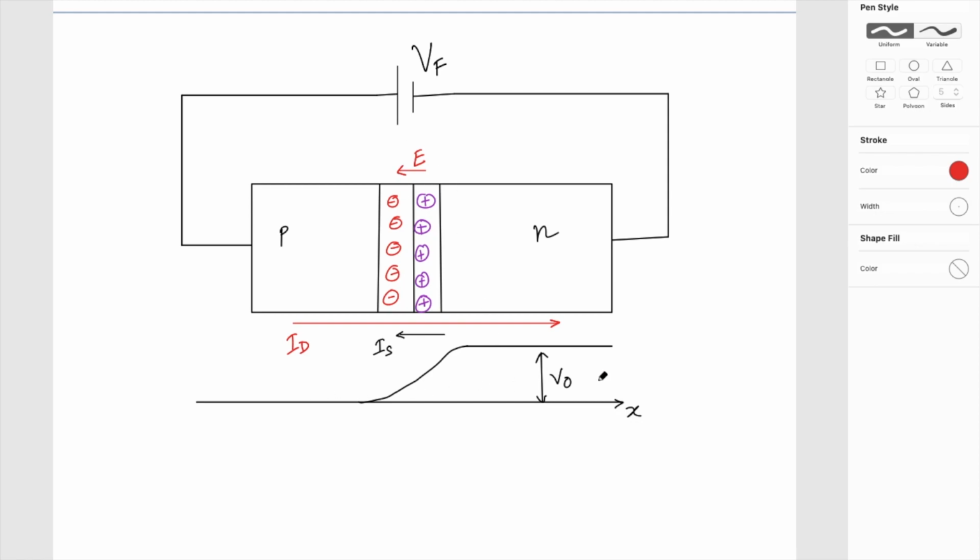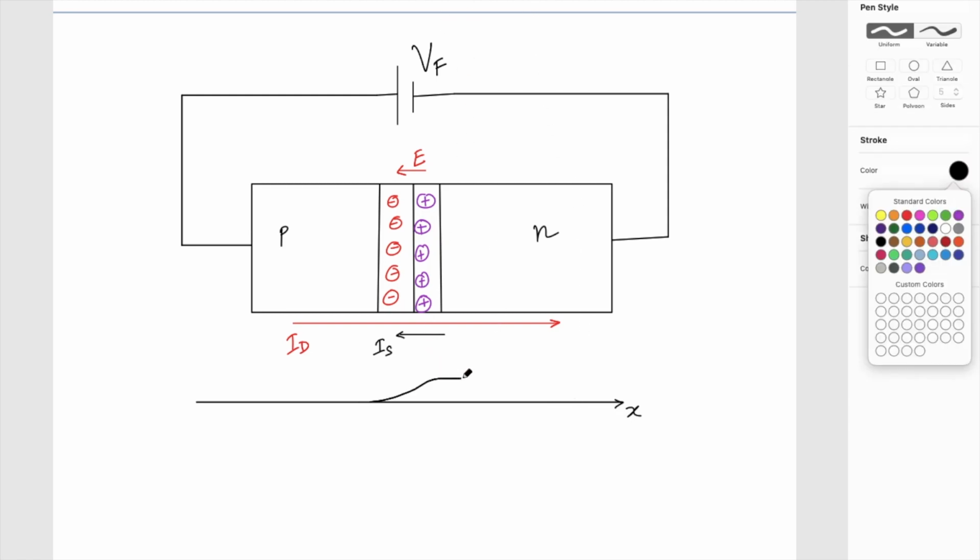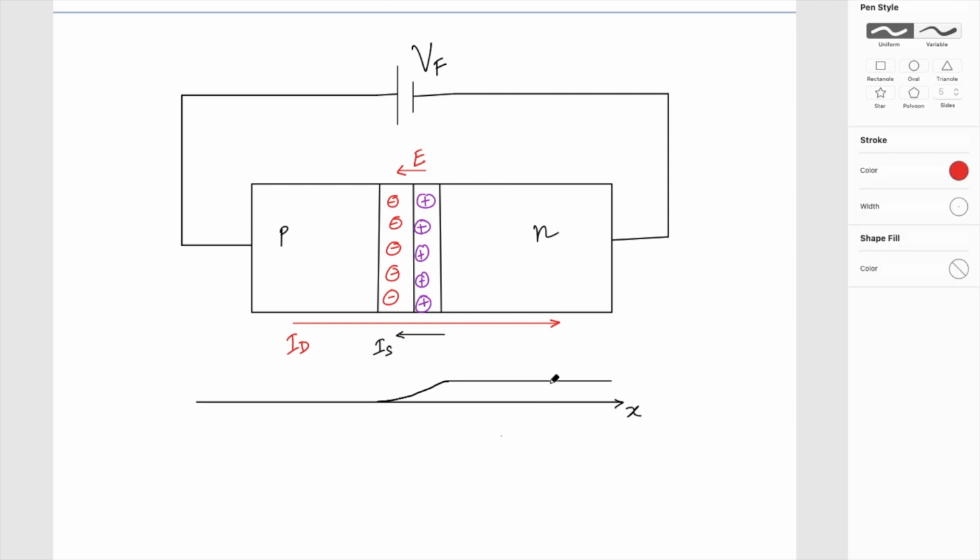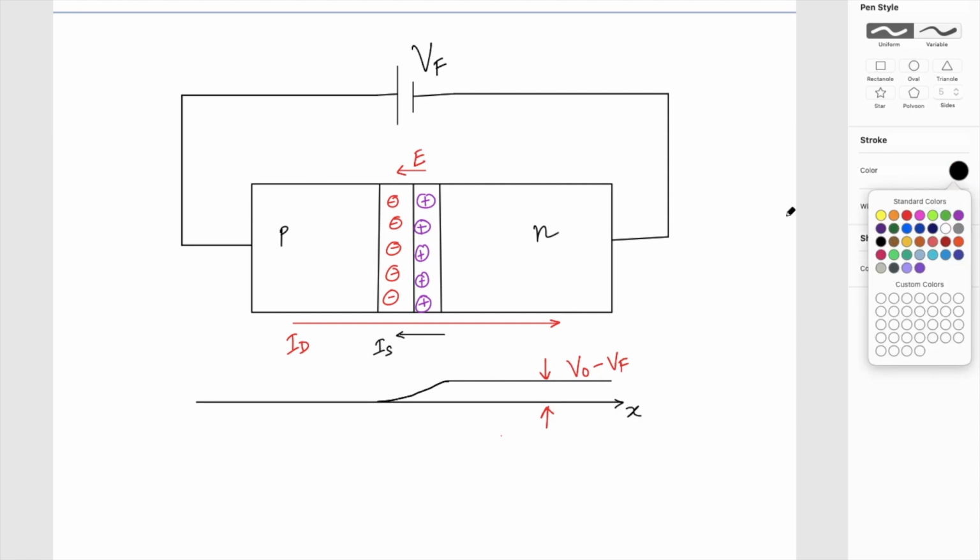And if you see the barrier potential, it is also going to get reduced. The barrier potential is going to get reduced to V0 minus Vf. So it is going to reduce by Vf. This condition is called forward bias condition.